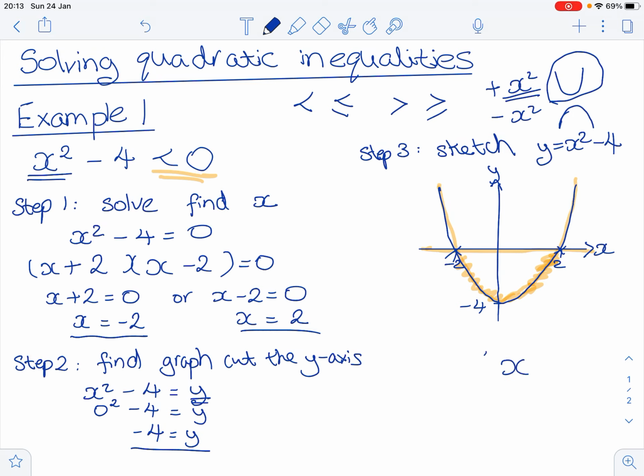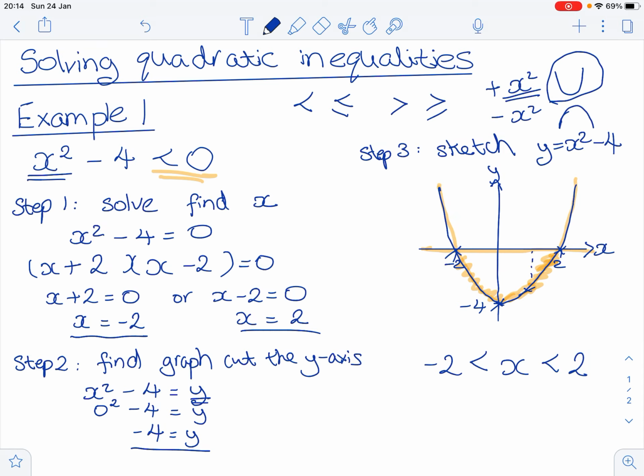Therefore, the x values are when x is greater than minus 2 and less than 2.